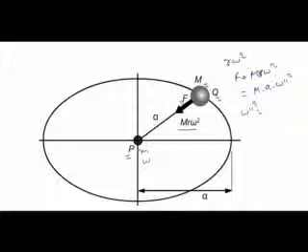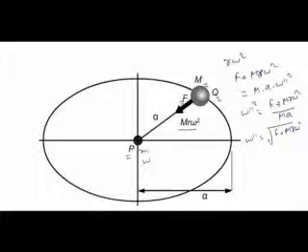So here we can write omega double dash square is equal to F plus M r omega square by M a, or omega double dash will be equal to root of F plus M r omega square by capital M a.